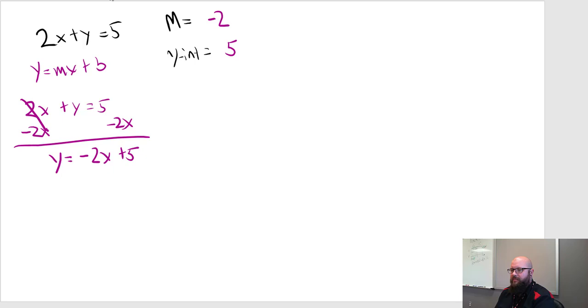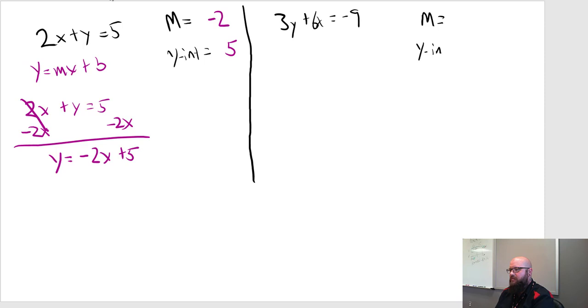Let's look at another one. Let's say you had 3y plus 6x equals -9. Well, we want to solve for that y, because we're trying to find our slope and our y-intercept.